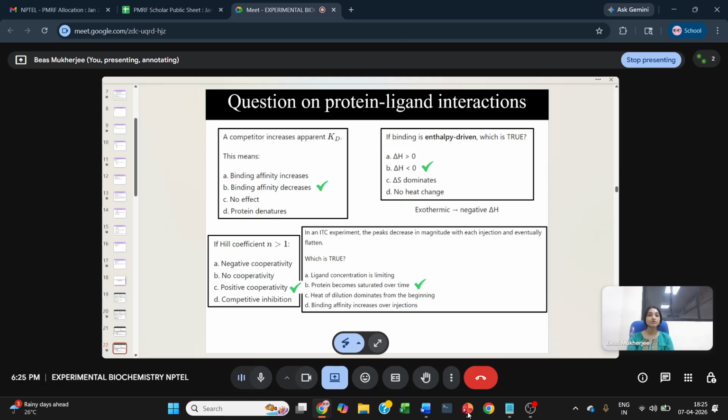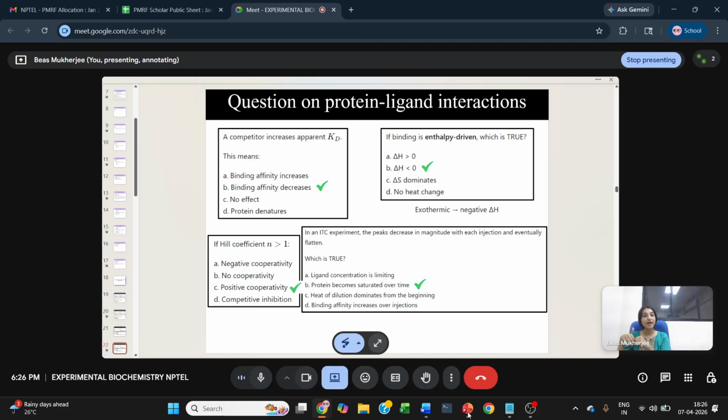So the first one is competitor increases apparent KD, so binding affinity decreases, definitely, because we know that a competitive inhibitor is going to bind at the active site and prevent the substrate from coming and binding, right? So the ligand is not able to bind because the competitor is sitting there. So its binding affinity obviously decreased.